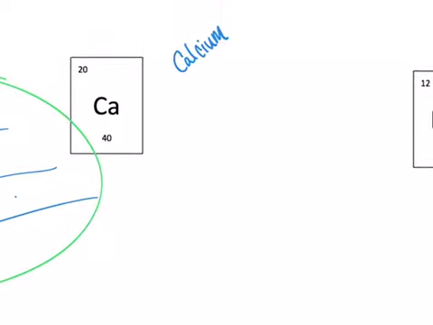Calcium. Calcium is in a lot of stuff. It's in our bones, in our teeth. It's all over the place, and it's very important to the body. Also really important to a bunch of other stuff that makes life possible. So, writing out our equation again: protons plus neutrons equals atomic mass, and protons equal electrons.